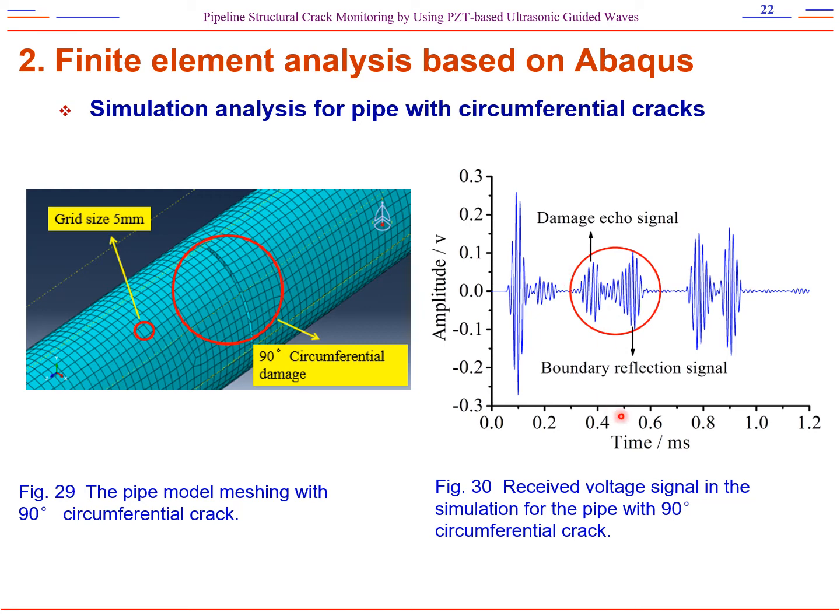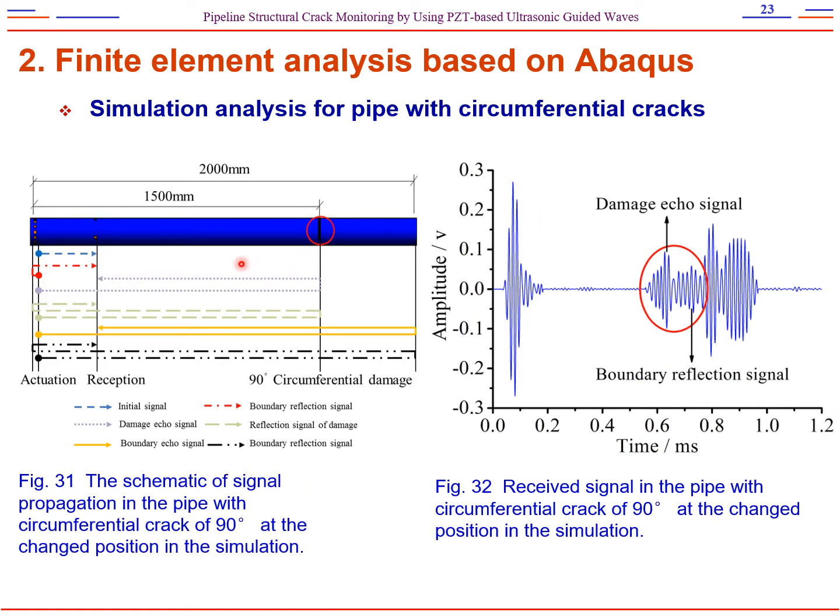We find that the amplitude of the damaged echo signal package for the 90 degree is greater than that for the 45 degree. This is because the greater size of a crack provides much more energy of the echo signal. Therefore, the echo signal energy can be used as a variable to detect the dimension of the crack.